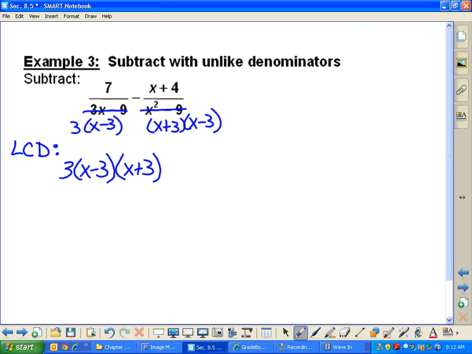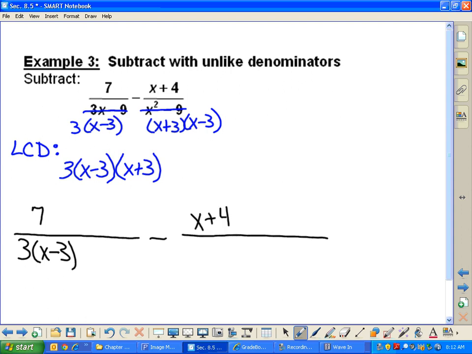Now I'm going to go ahead and rewrite my fractions. Step 2, I have to rewrite my fractions so that they have this common denominator in them. So the first fraction was 7 over 3 times x minus 3. And the second fraction was x plus 4 over x plus 3, x minus 3.